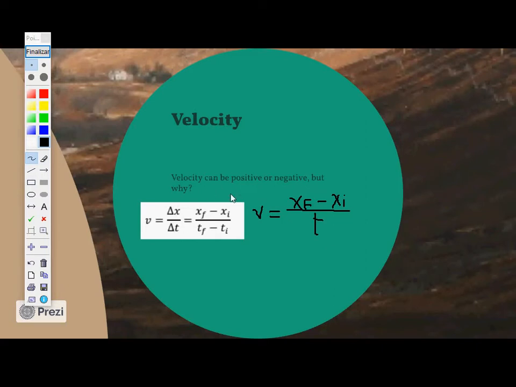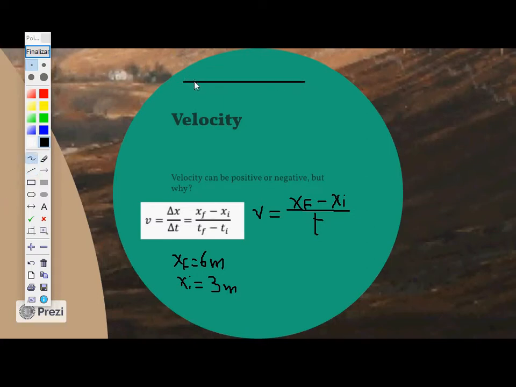And here it says that velocity can be positive or negative, but why? Okay, let's work out with some examples. Let's suppose that our final position is 6 meters and the initial position is going to be 3 meters. And let's try to see this situation on a number line.